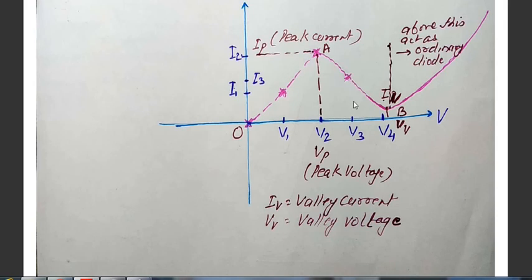So we can say the tunnel diode can operate at higher frequencies, at gigahertz or microwave frequency. So this is used as an oscillator because it has negative resistance.